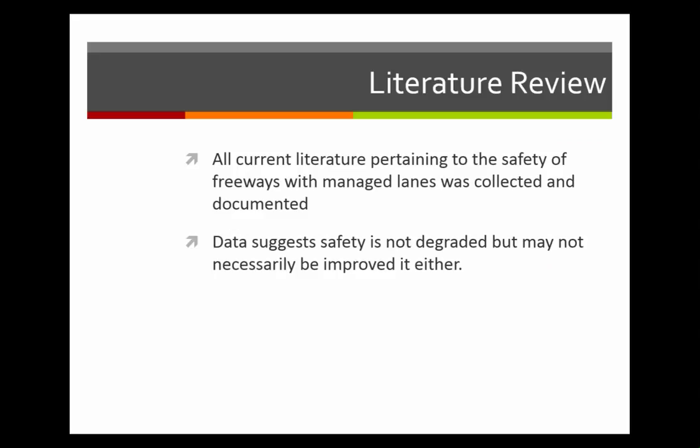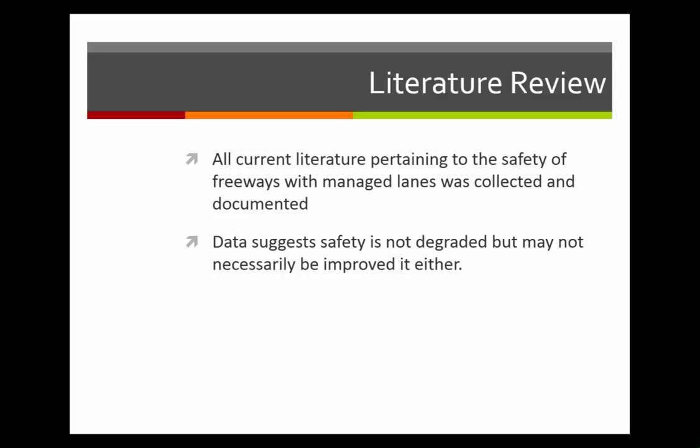What they did in these reports is they compared facilities with managed lanes on a characteristic-to-characteristic basis. They would purely analyze the crash differences and frequencies for facilities that, say, had a physical barrier between the managed lanes and general purpose lanes, and perhaps just a buffer-separated barrier, and compare the crash frequencies between those two.